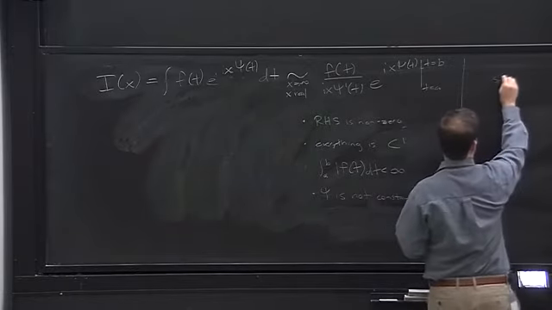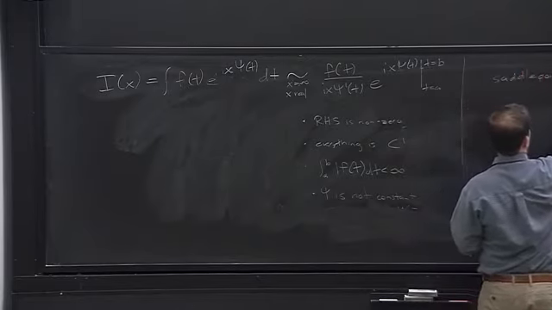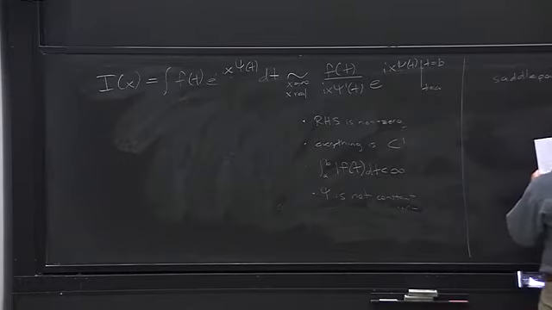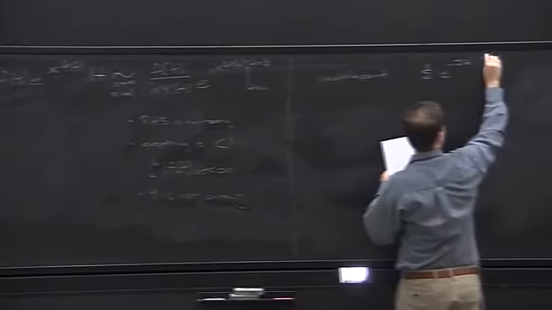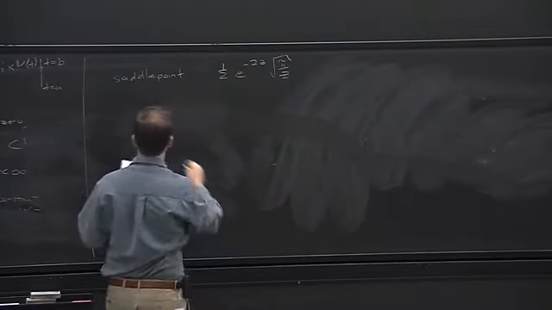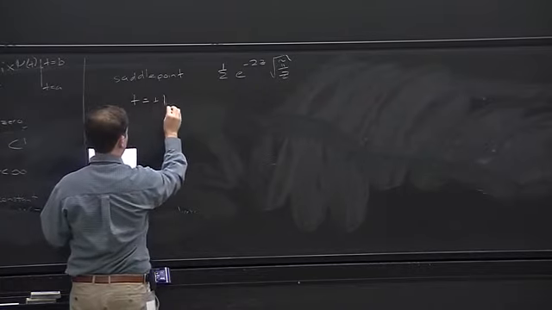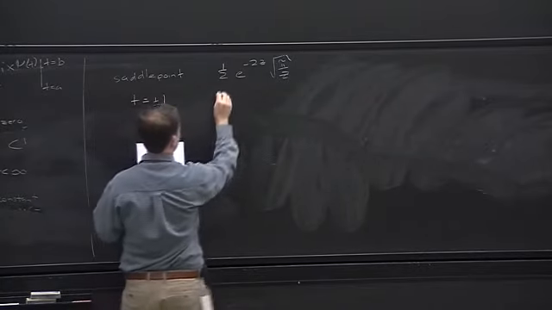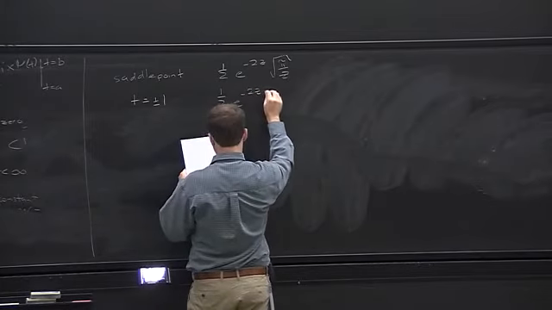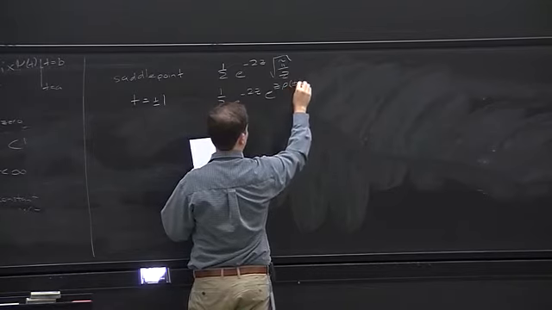So the saddle point contributes 1/2 e to the minus 2z times the square root of pi over z. And the endpoints, at t equals plus 1 or minus 1, contribute 1/2 e to the minus 2z e to the z plus or minus 1.